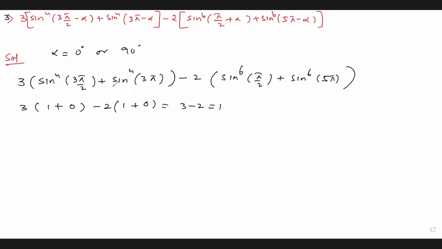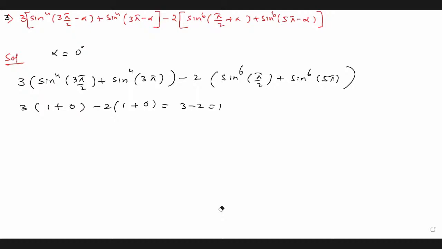Take down. I am repeating this problem. Substitute theta equal to 90 or 0. I am going to substitute a very easy angle, 0 degrees.